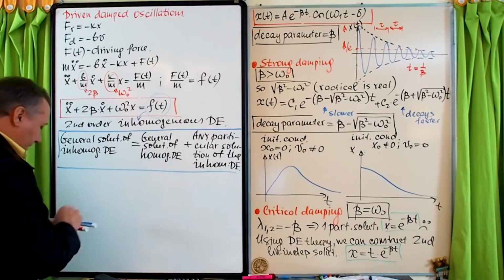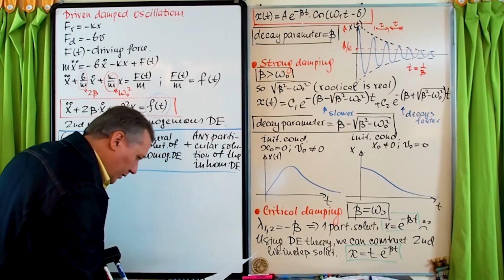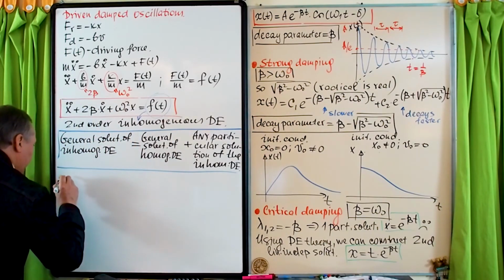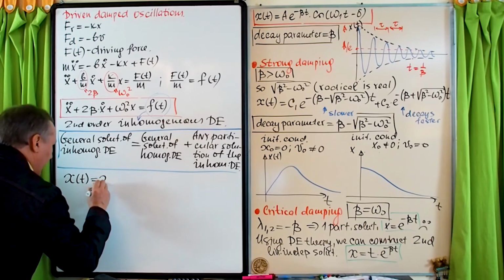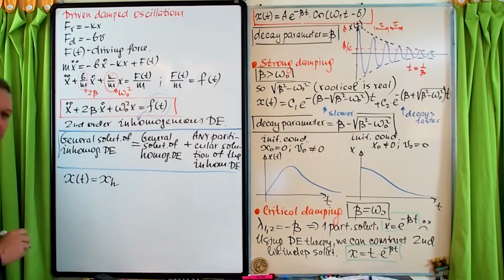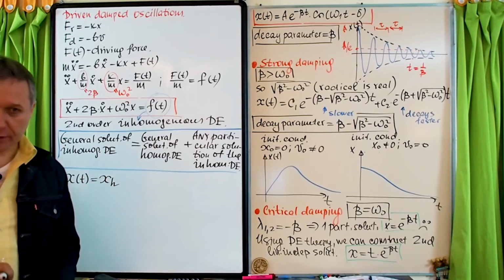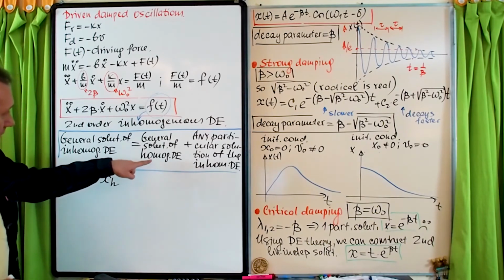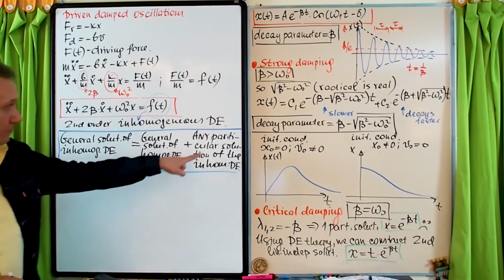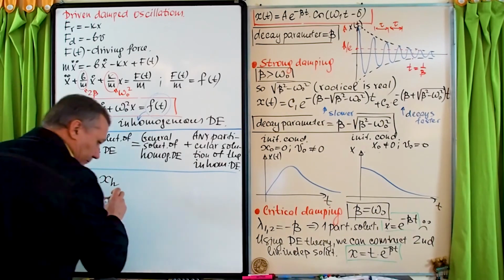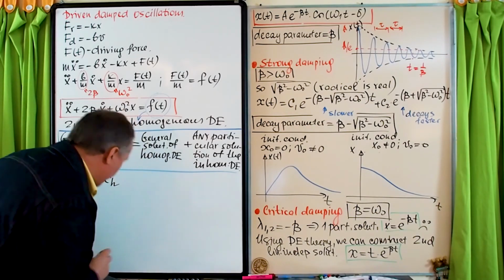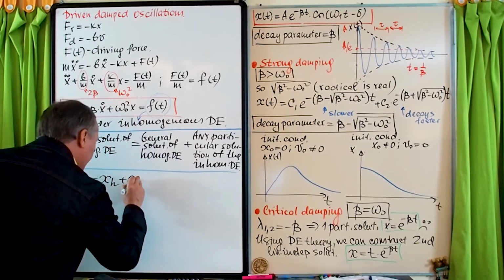So we can write x, just x without anything, equals x with subscript h, the general solution of the homogeneous differential equation, plus x p, any particular solution.